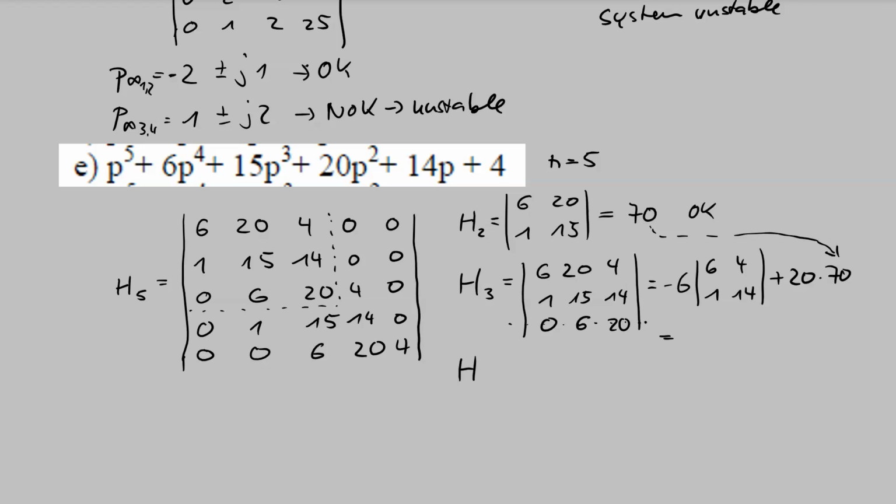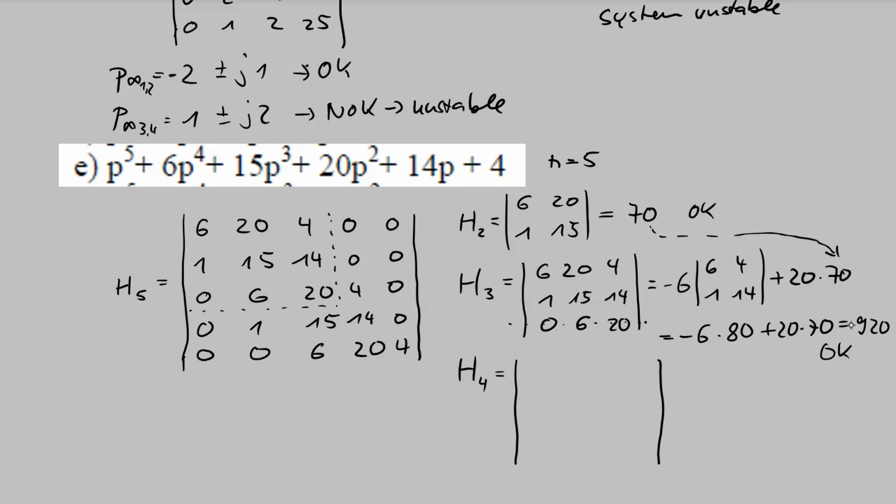The value is negative 6 times 14, 60, 84, minus 4 is 80, plus 20 times 70 gives the value. With a calculator I got 920. That's also okay.